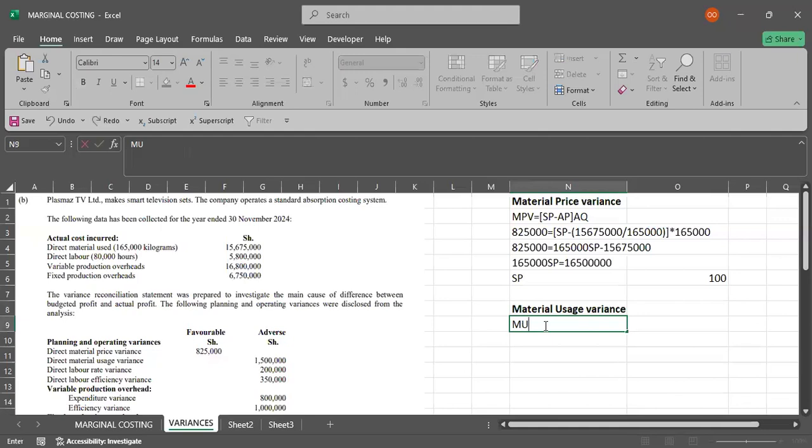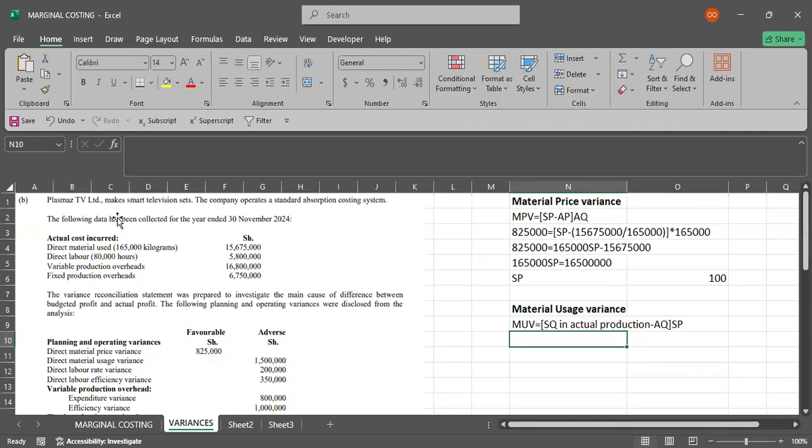Material usage variance is equal to standard quantity in actual production minus actual quantity, then you multiply by standard price. So material usage is the standard quantity in actual production less actual quantity, multiplied by the standard price.